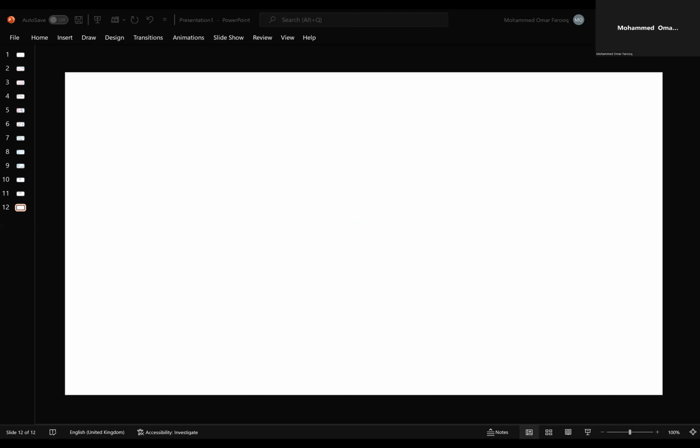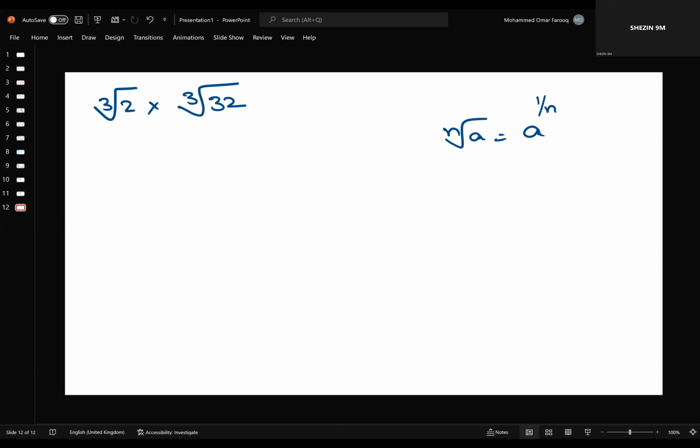Cube root of 2 multiplied by cube root of 32. Everybody please listen. The nth root of a, how will you write? A to the power of 1 by n, right? So it can be written as 2 to the power of 1 by 3 multiplied by 32 to the power of 1 by 3.